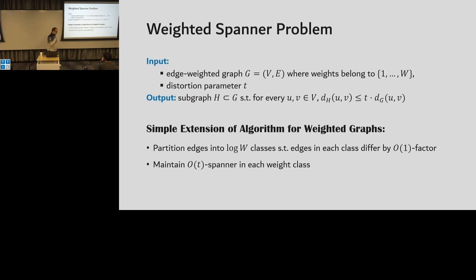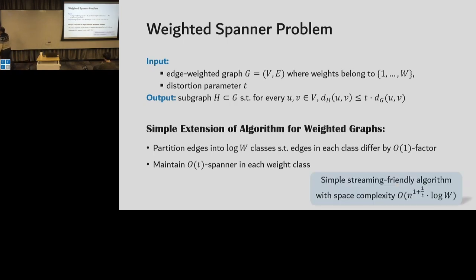Okay, so now what's the simple thing that we can do for the weighted case? The simple idea here is to partition the edges into log W classes, such that the weights inside each class differ only by a constant factor. It's a simple doubling idea, right? Then we can maintain an O(t) spanner for each weight class separately, and at the end we just merge all of them.